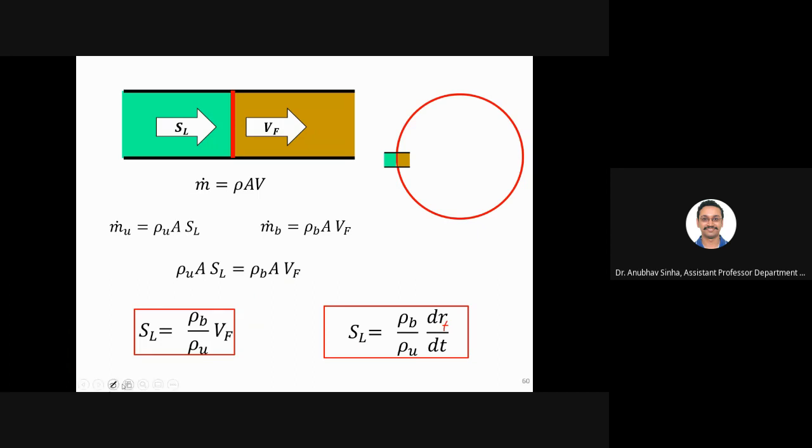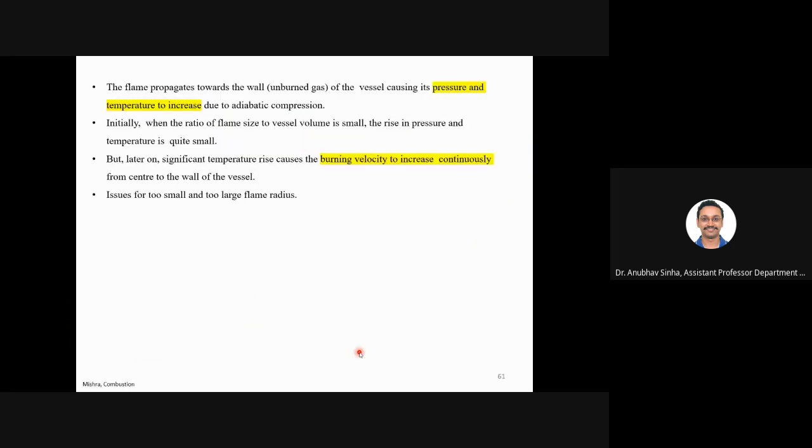Is this clear? Yes, sir. So this dr by dt is not SL, but if you relate it with the density ratio, that will give you SL. That will be true for any spherically expanding flame, whether it is a spherical bomb or a spherical soap bubble. We will also look into that.